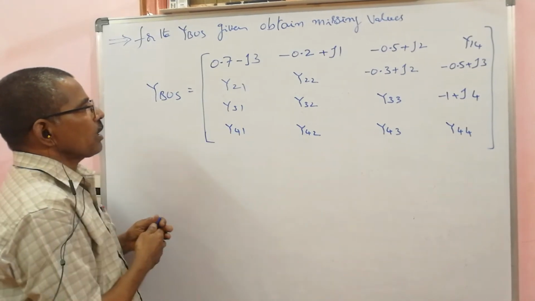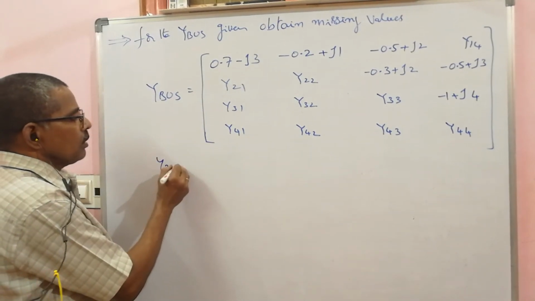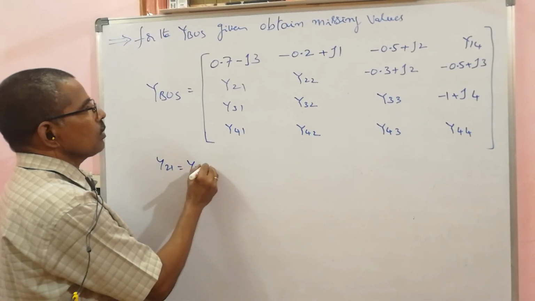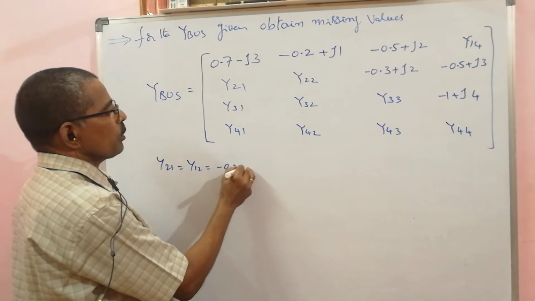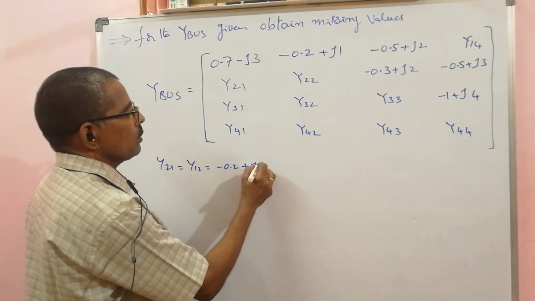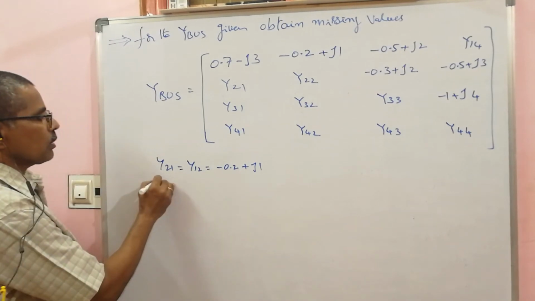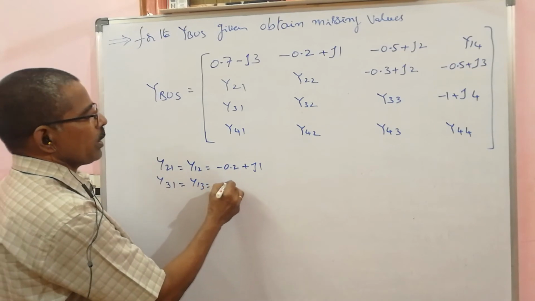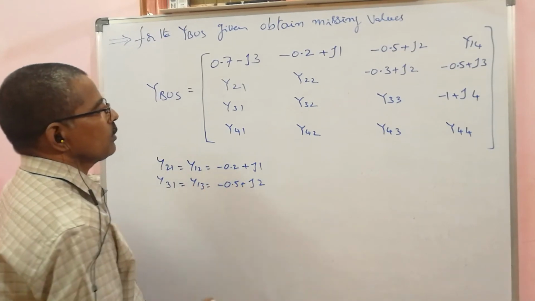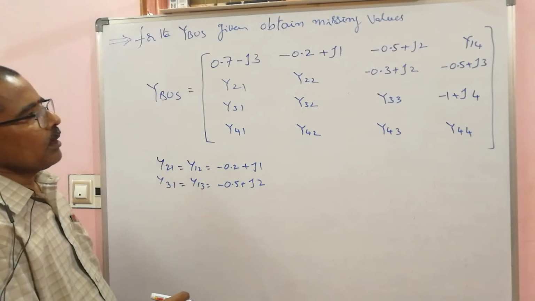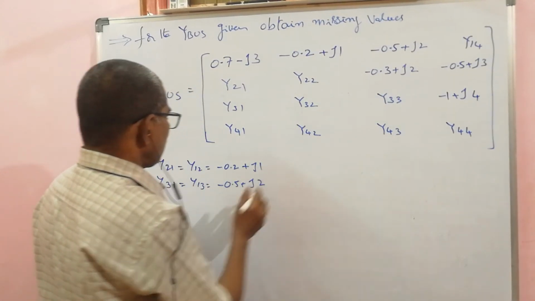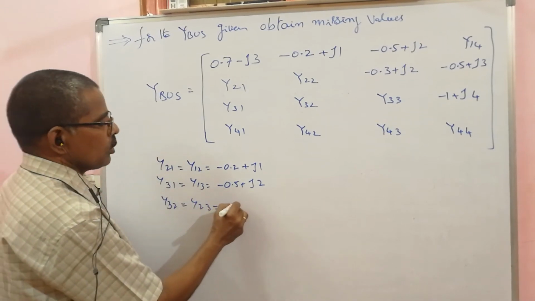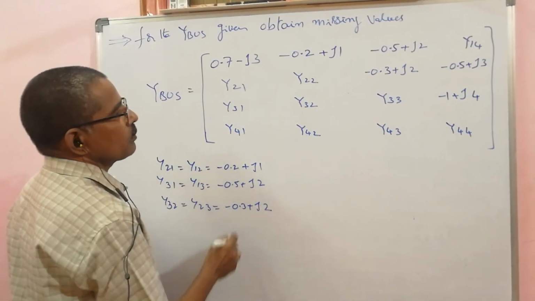You can write that Y21 is same as Y12, therefore minus 0.2 plus j1. Likewise Y31 is same as Y13, that is minus 0.5 plus j2. Okay, and then Y32 and Y23 same, that is minus 0.3 plus j2.